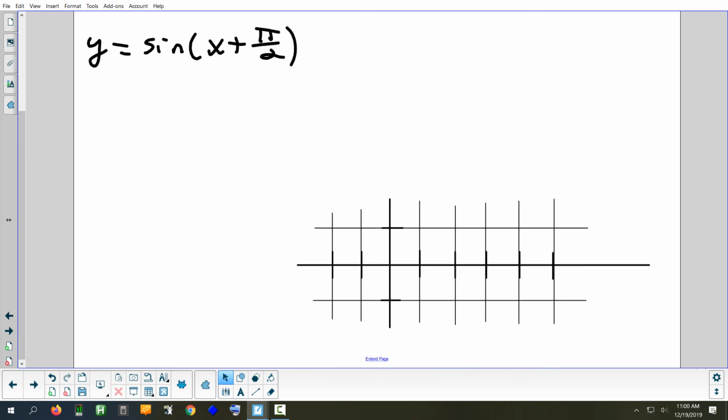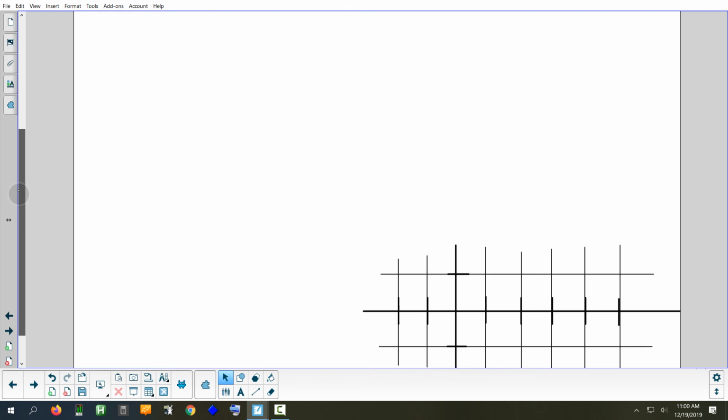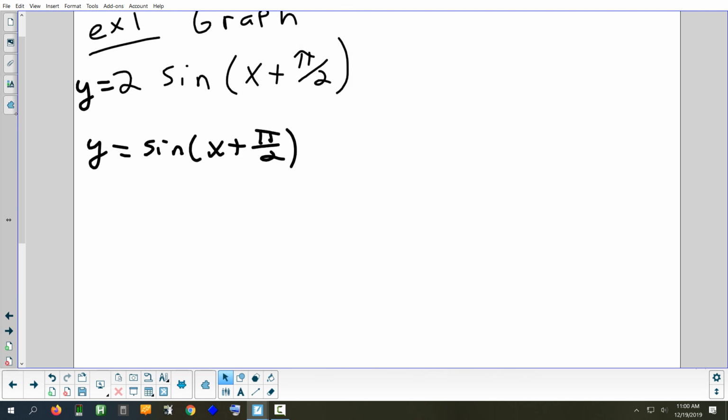Okay, for a phase shift, can somebody remind me which column is unaffected? Stays the same. The y's. So I'm going to write down my y's for sine. Emily, what are my y values for sine? 0, 1, 0, negative 1, 0.